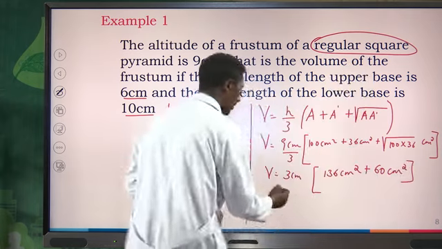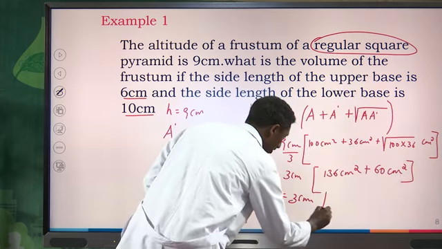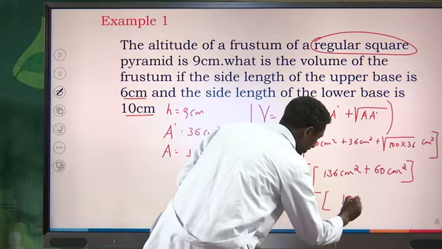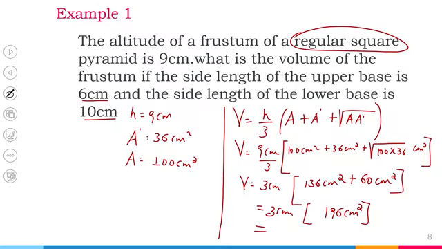So what is the sum of these values now? It's 3 centimeter, then into 196 centimeter square. So this is equal to 588 centimeter cube. This is the volume of the frustum of a pyramid.